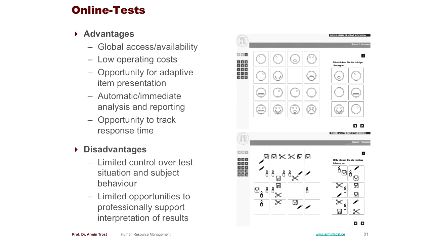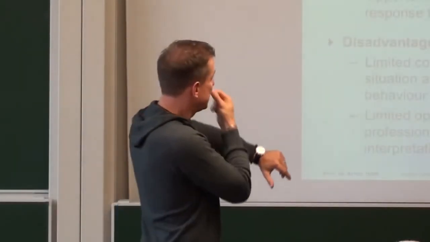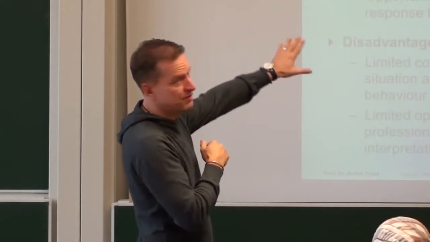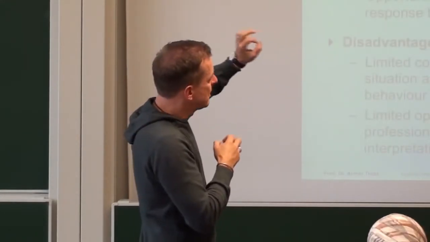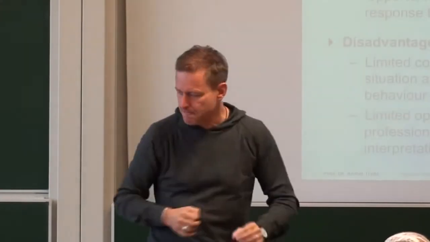Do you do this test somewhere in an internet cafe? In a drunken state, or what? They have no control over the setting. Okay, but let me get back to this point of opportunity for adaptive item presentation, because this is the most critical thing about online tests.